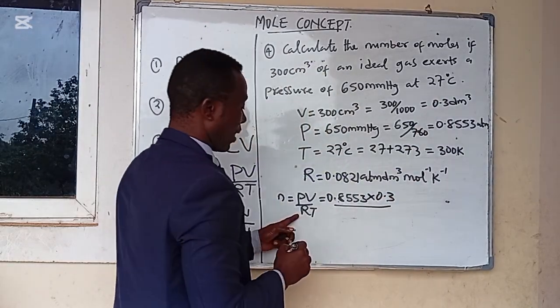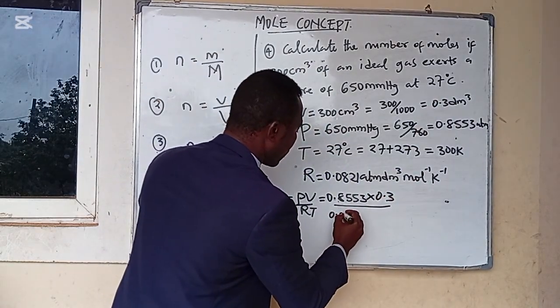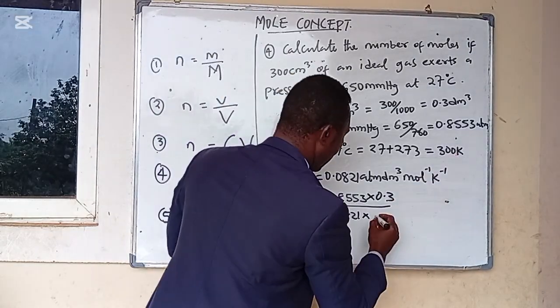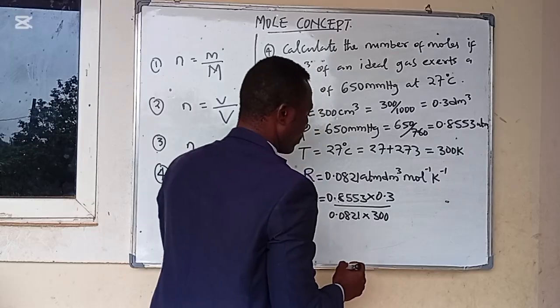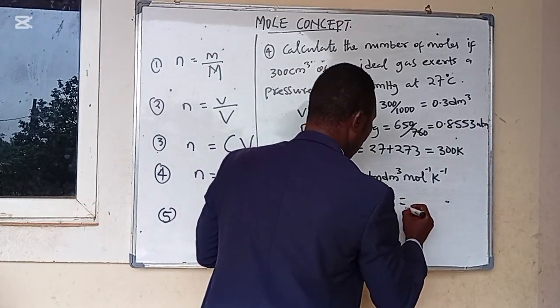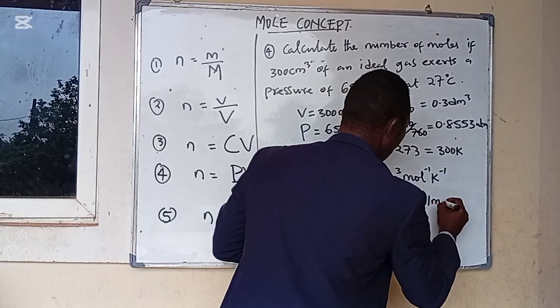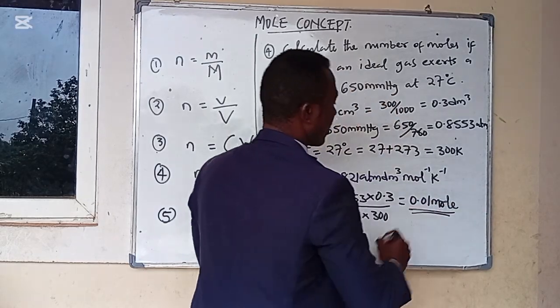Then everything divided by the molar gas constant, 0.0821, multiplied by the absolute temperature, which is 300. So if you multiply out, the number of moles will be 0.01 mole. So that is the answer.